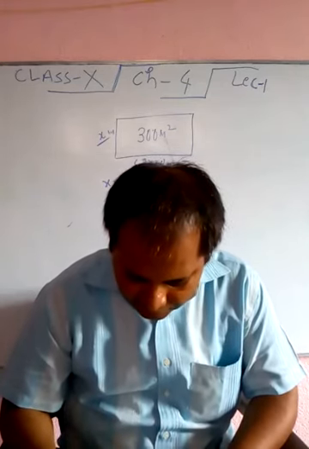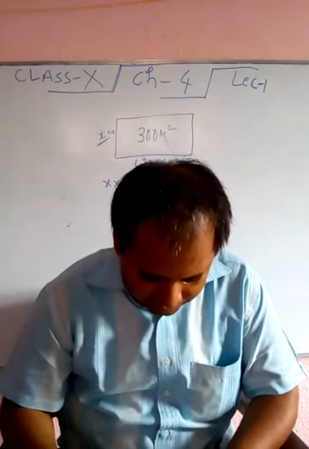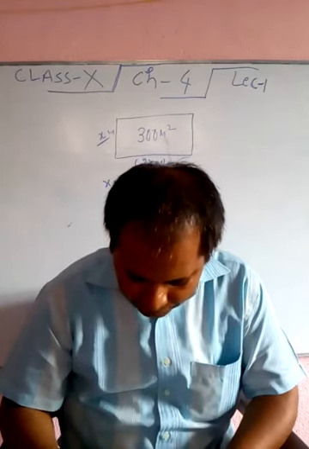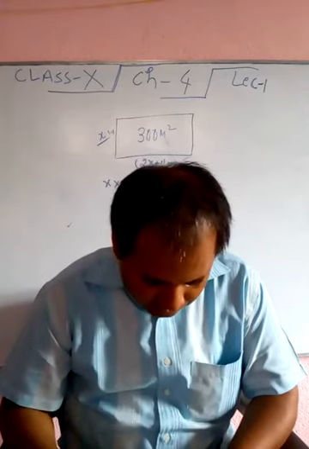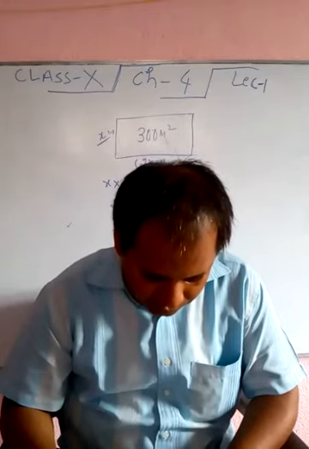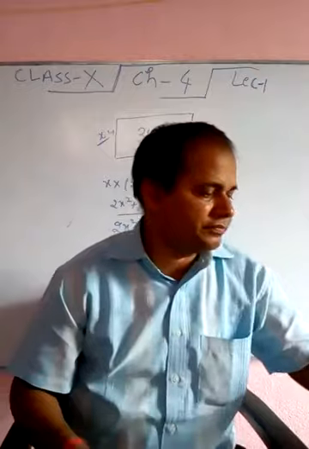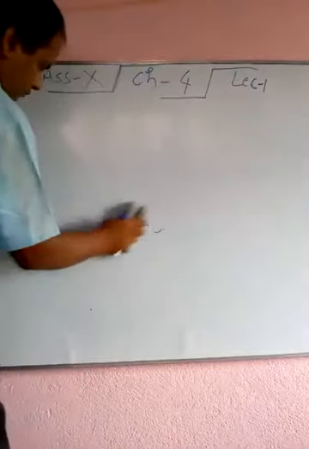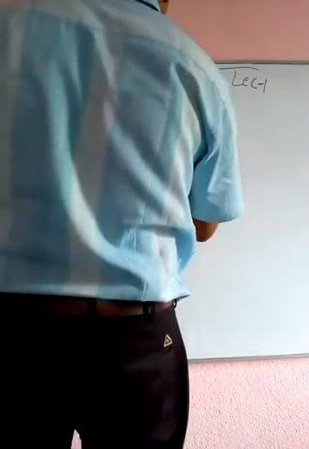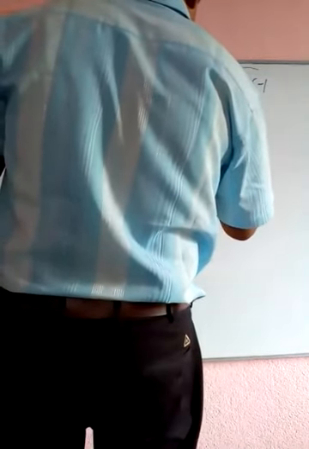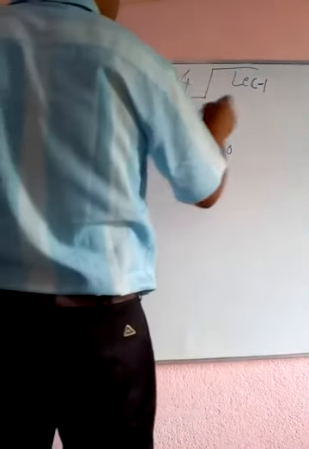But when we write the terms of p(x) in descending order of their degrees, we get the standard form of the equation, that is ax square plus bx plus c is equal to 0, where a should not be equal to 0. This is called the standard form of a quadratic equation.